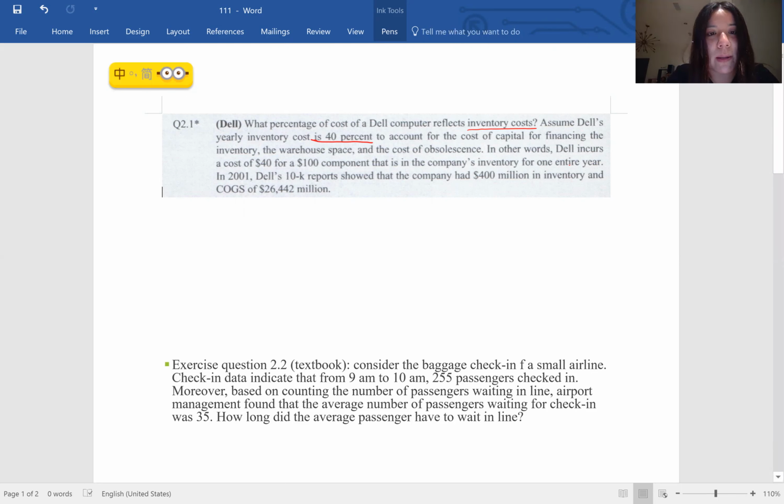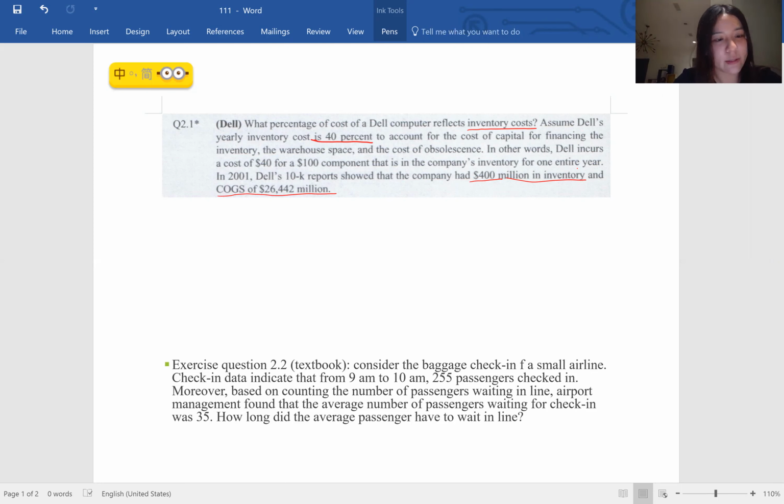In 2001, Dell's 10K reports showed that the company had $400 million in inventory and COGS of 26,442 million.